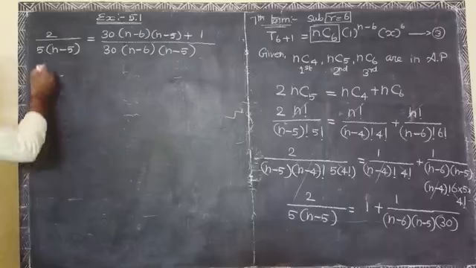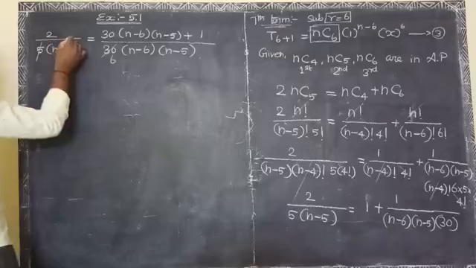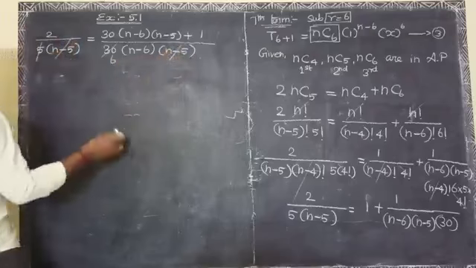Here 5 and 30 are cancelled, that is 6 times. (n minus 5) and (n minus 5) are cancelled.